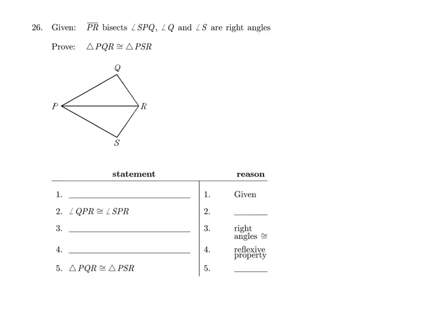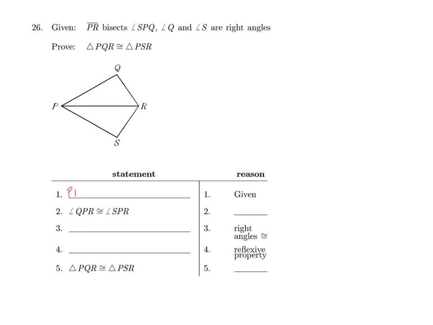All right, they already set the columns up for me. That's pretty nice here. All right, PR bisects angle SPQ. So we have all the given information here.